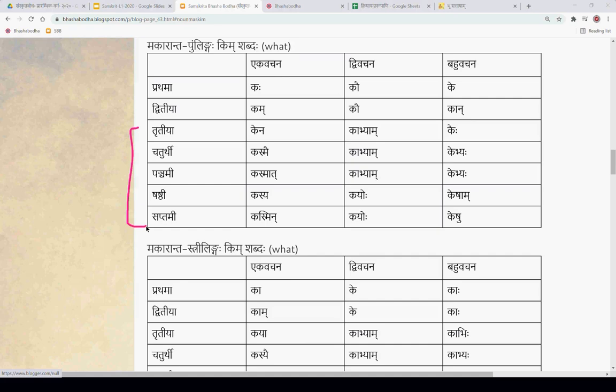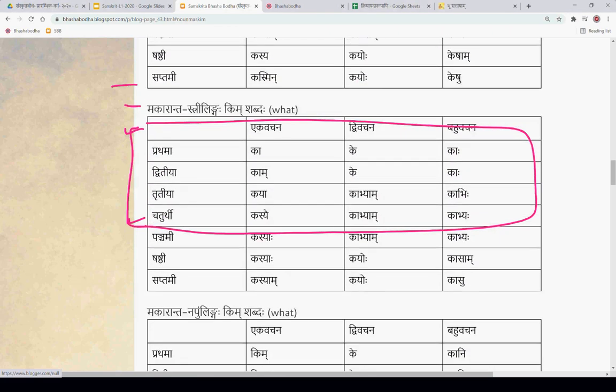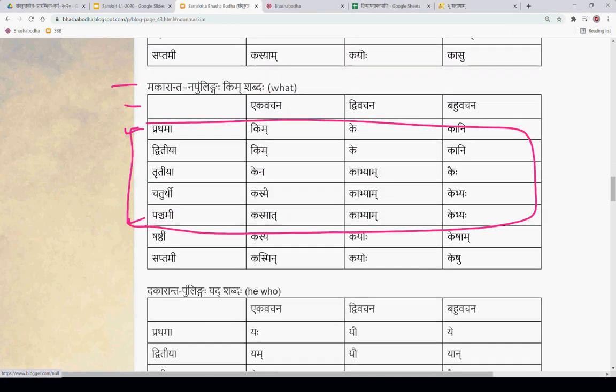The forms of the words from Tritiya to Saptami remain the same for Pullinga and Napumsakalinga words. Only in Prathama and Dvitiya, these two lines change between them.